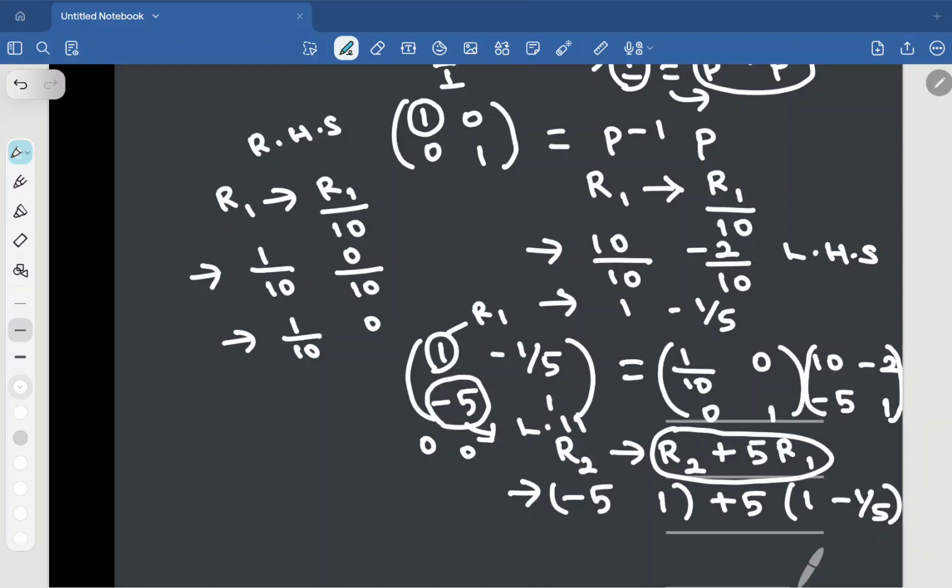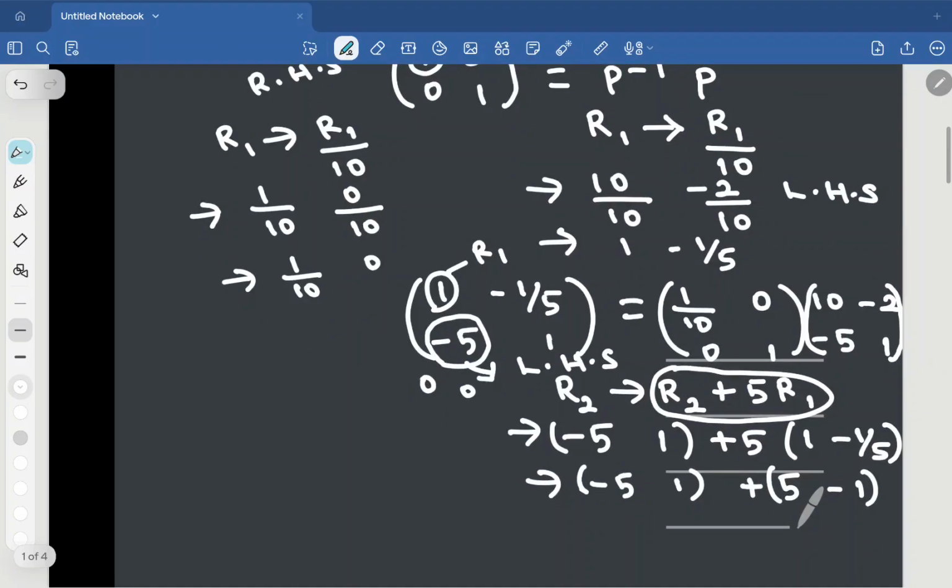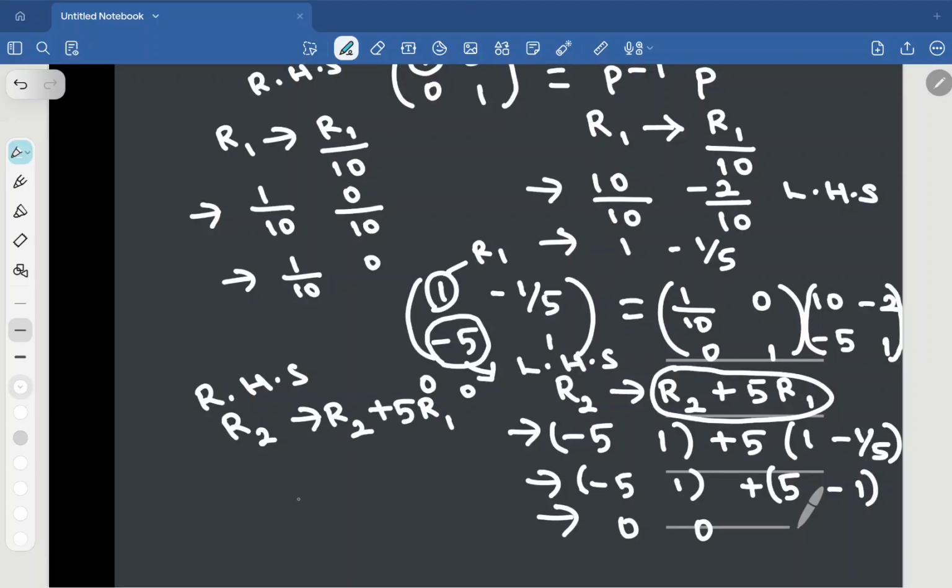This is for LHS. Minus 5, 1; 5 into minus 1 by 5 is minus 1, because 5 will get cancelled. Minus 5 plus 5 is 0, 1 minus 1 is 0. Same way for RHS. What about the elementary operation? R2 plus 5 times R1.